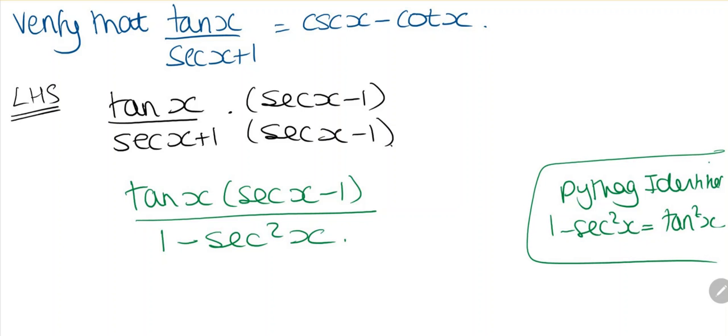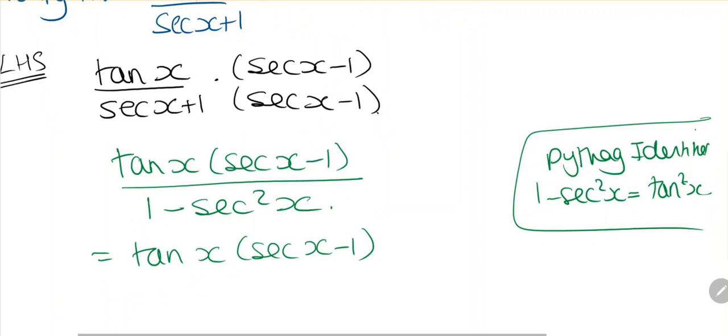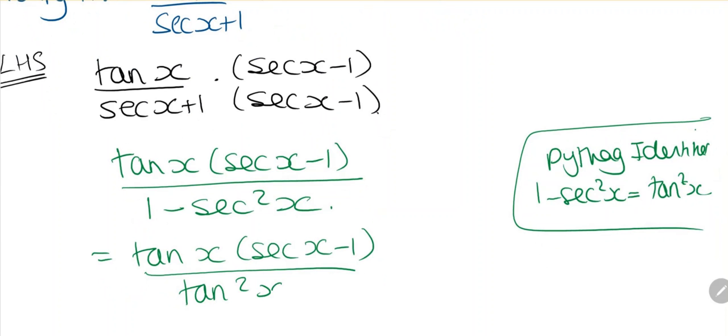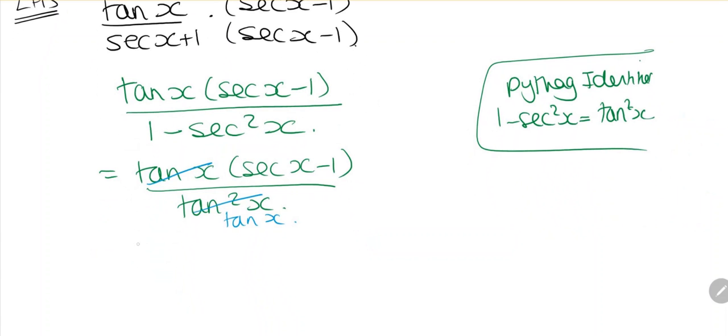So we're going to rewrite: we've got tan x times secant x minus 1, divided by tan squared of x. Now we can simplify one of the tans, which leaves us with secant x minus 1 divided by tan of x.